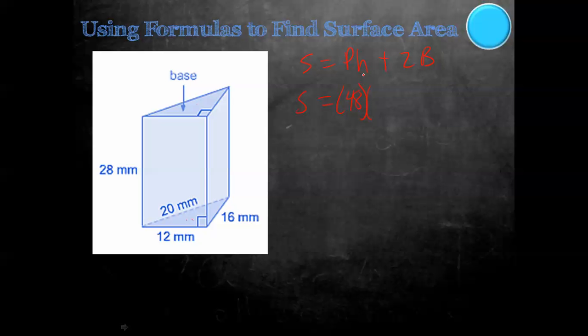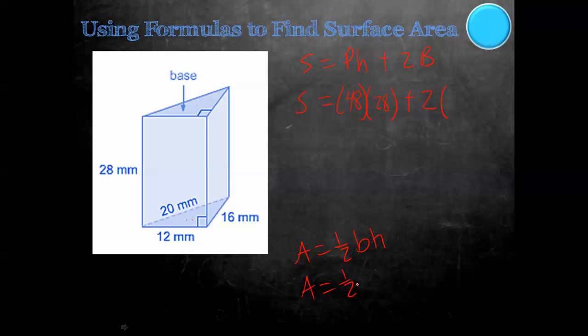Now we're going to multiply it times the height of the prism. The height of the prism is the line that connects the bases, so that would be 28. Then we're going to take 2 times the area of the base. Now this is a triangle, so our base area would be 1/2 base times height, because that's the formula for the triangle area.